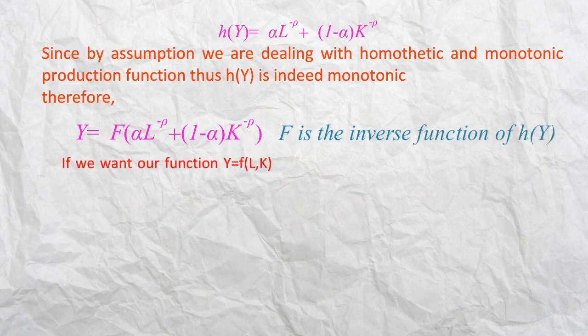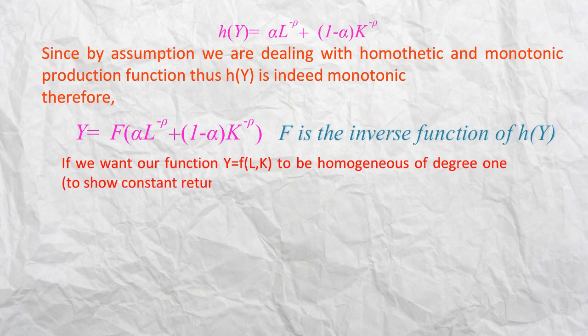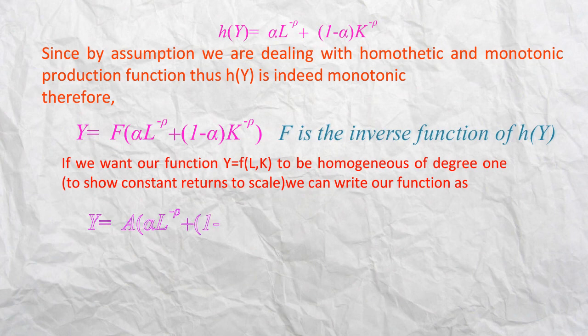Now, if we insist on our production function being homogeneous of degree 1, we can write y, which is output, as follows. This is the general form of the production function of what we call the constant elasticity of substitution production function.